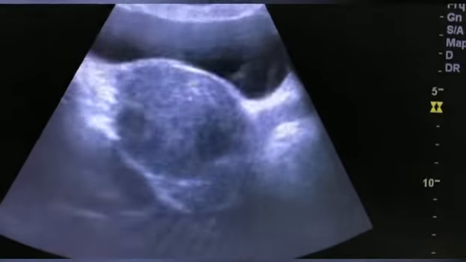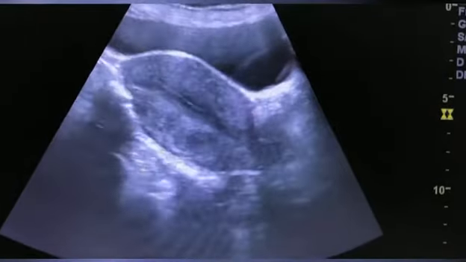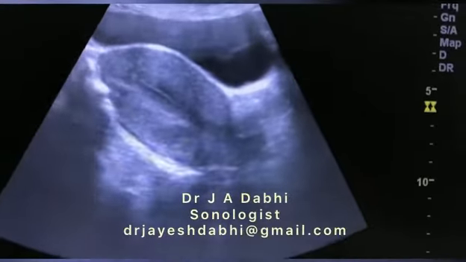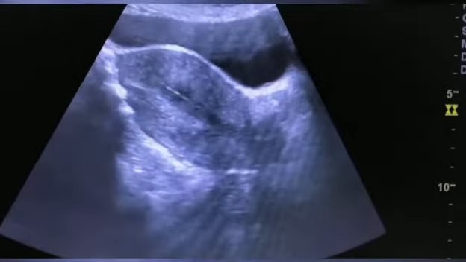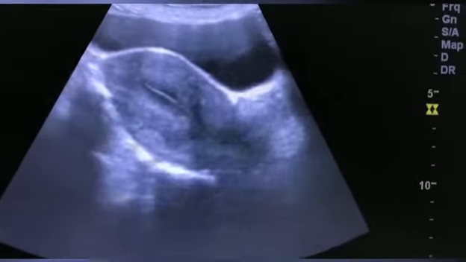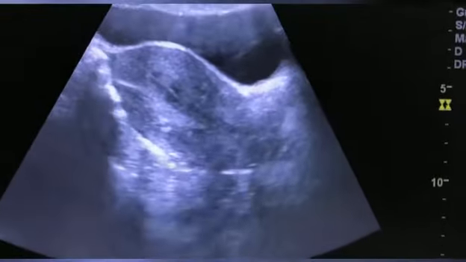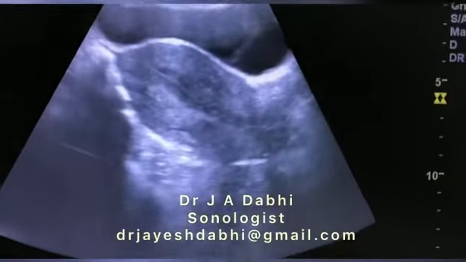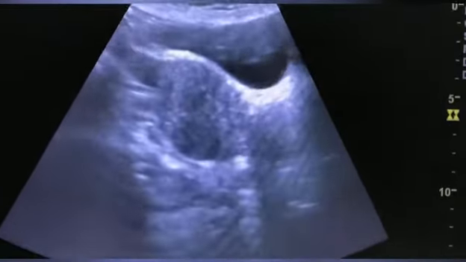Okay, now again coming to the mid sagittal, we are able to see the uterus in the mid sagittal plane, this endometrial lining, endometrial cavity in the mid sagittal when properly placed. So it is not in the mid part, it is a little bit towards the right. Now you tilt the probe towards the left and see whether there is any fibroid or not.